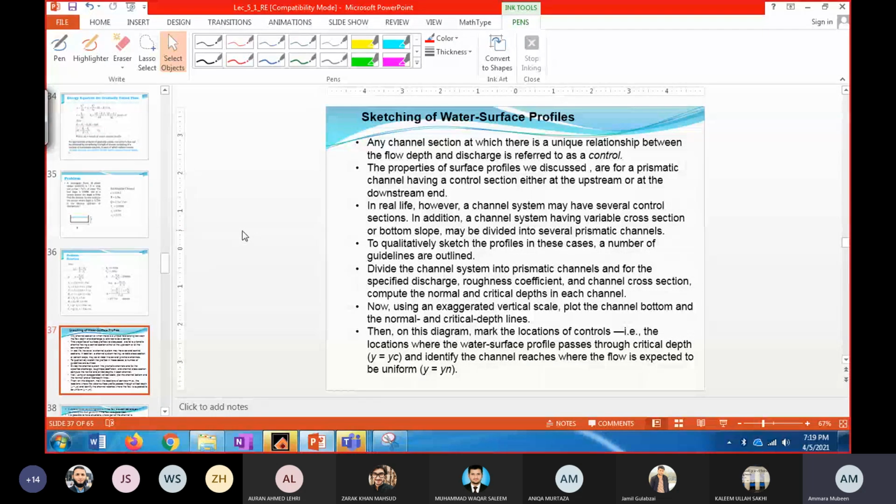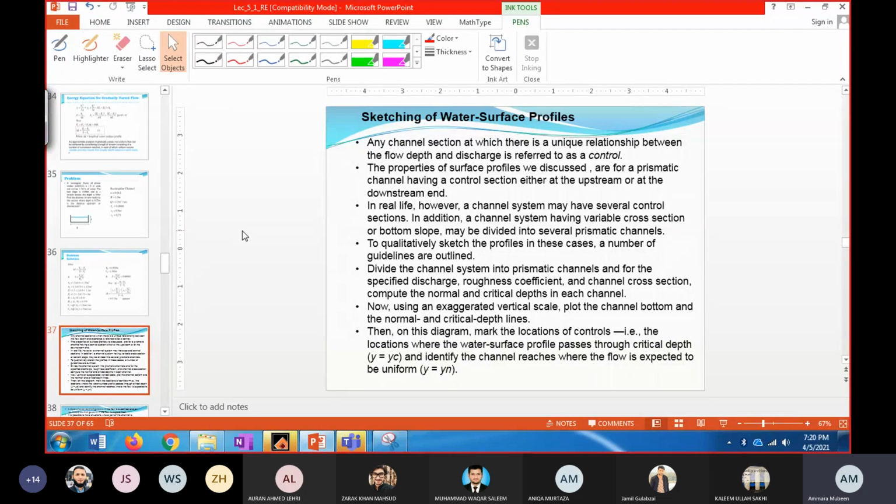If in the whole river reach there is a change in the variable cross section or a change in bottom slope, then at every reach you need to determine the water surface profile using the governing equation.